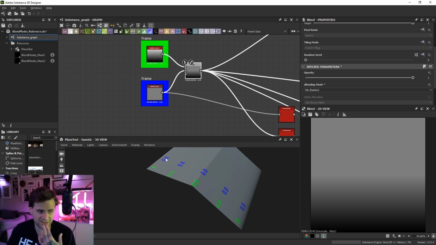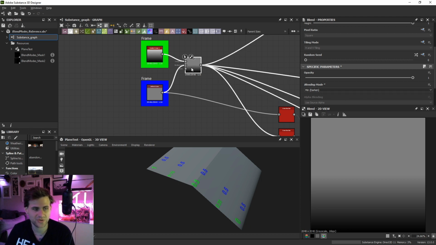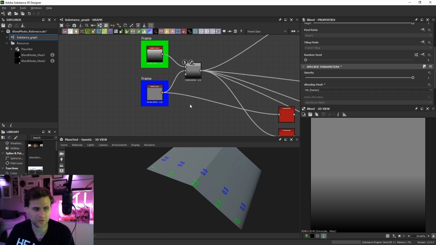This is darker than this now, so it stays 0.5. So we stay 0.5 all the way until the middle part, then we start going towards 0, because these values are darker than the blue values. The green is darker than the blue. It's the exact same thing as max, but in reverse. You'll use this all sorts of places.